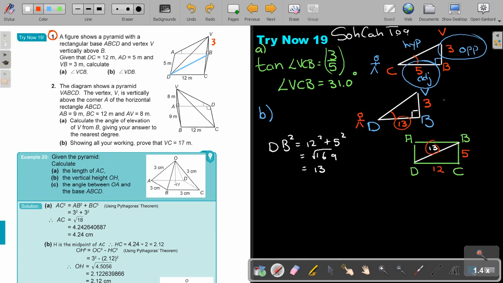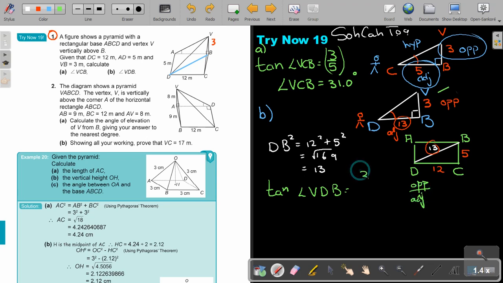So again, I'm standing here. I want this angle. So this was opposite and this was adjacent. So then I will find opposite over adjacent. So what is it going to be? Tan of angle VDB. And don't forget, it's opposite over adjacent.